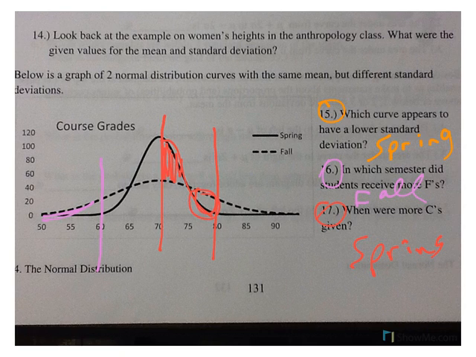Whereas if you look down here, let me change colors just a little bit, it's a much closer window. So I really think spring has more C's. And because the data is all squished together in the middle, it makes more sense that it will have more C's. All right, so that's more of a visual representation of standard deviation and the mean.